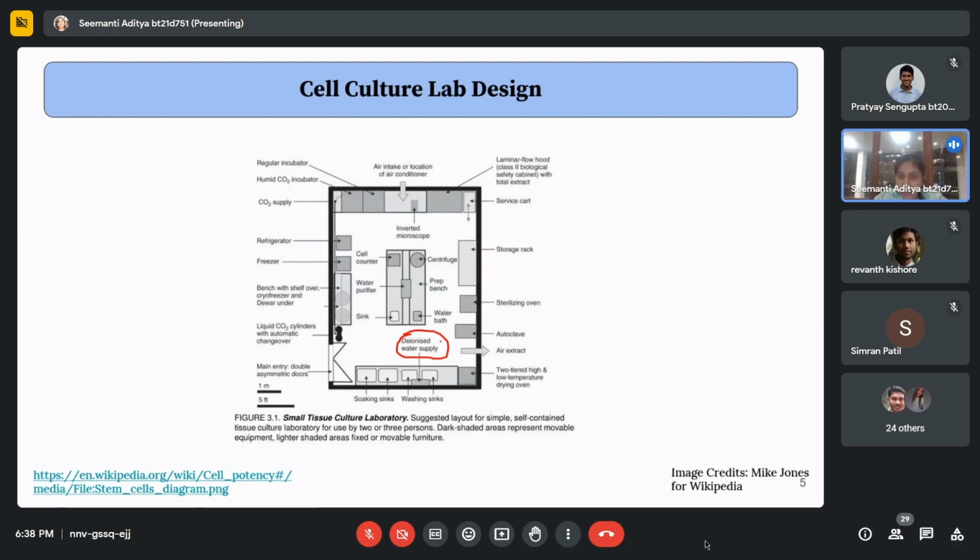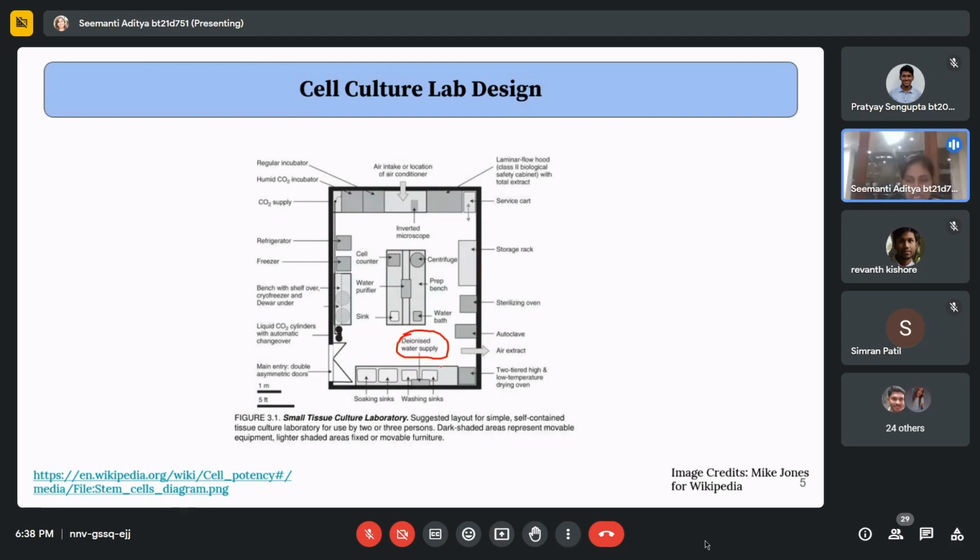So deionized water is generally preferred. There are different grades of water: we have distilled water, RO water, deionized water, and milli-Q water. The basic requirement is to have contamination-free deionized water, so many people will have deionized water inside the cell culture room.